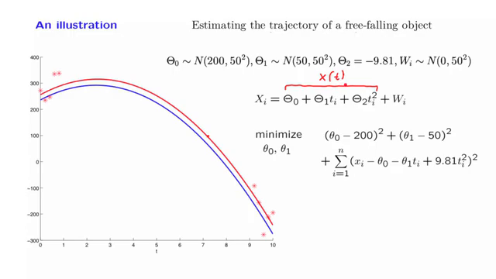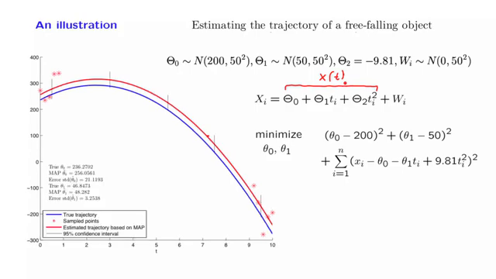However, besides just this point estimate, we have additional information. We know that the posterior distribution of x of t is normal, and so, for example, at this time this is the peak of the posterior, this is the maximum a posteriori probability estimate, but we are also able to calculate the variance of this posterior distribution.